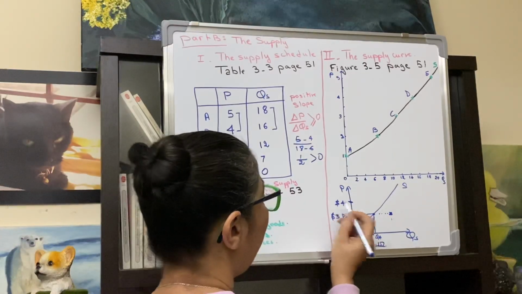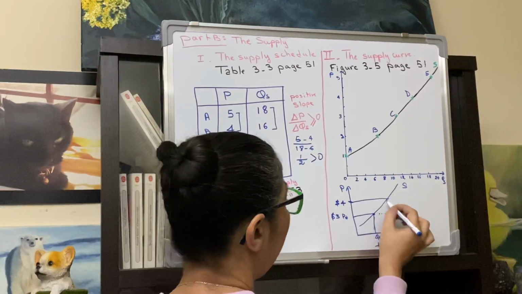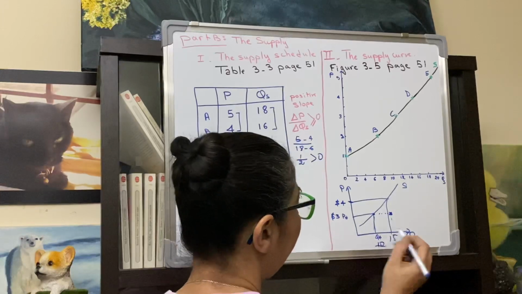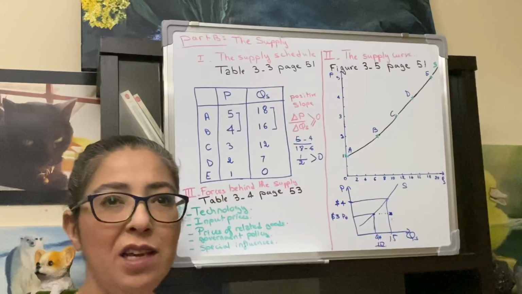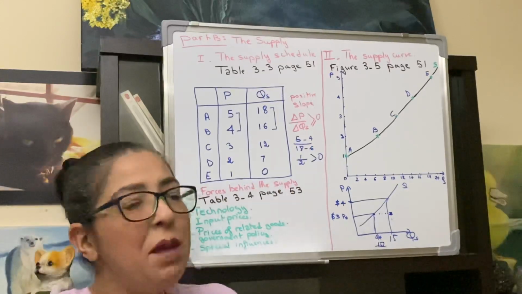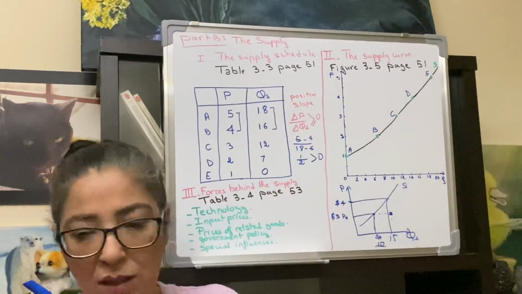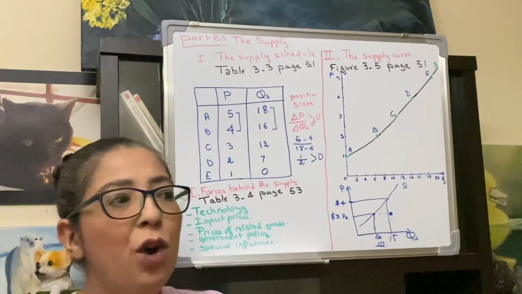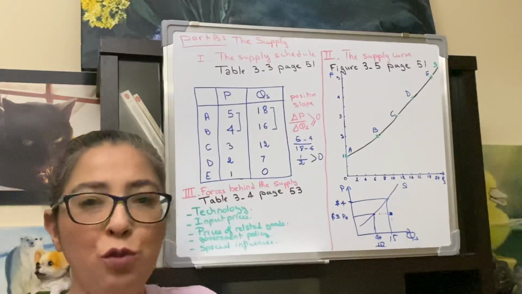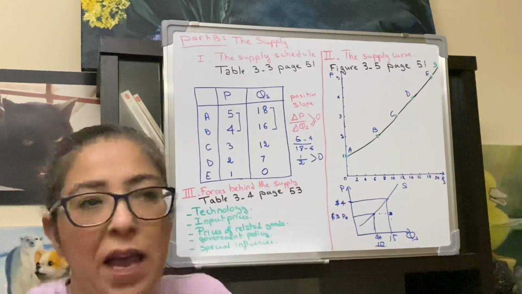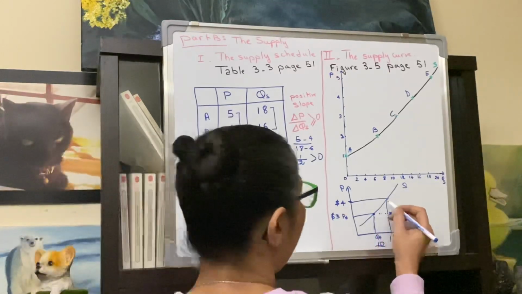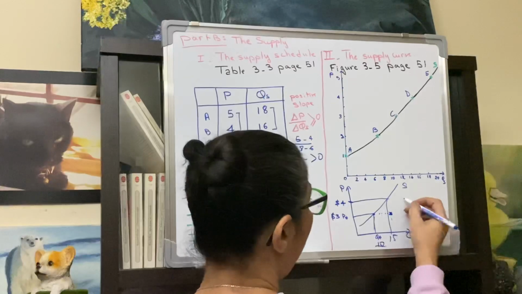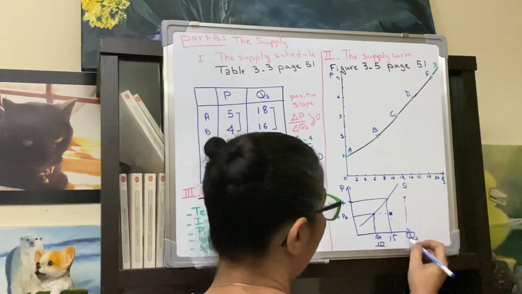Let's imagine $4. Here is what you were willing to supply, let's say 15. Now, with the new technology, with the same costs you had, you are going to be able to produce more. So you will supply more to make even more profits. So instead of 15, now I'm going to move to, I don't know, 20.